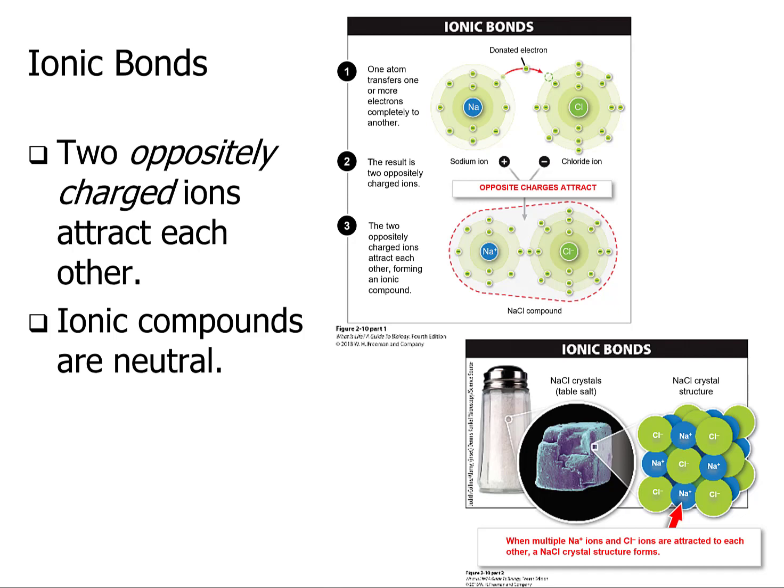So a sodium ion would be positively charged, and when chlorine takes that donated electron, it becomes a chloride ion. It now has an extra negative electron, so it takes on a negative charge.